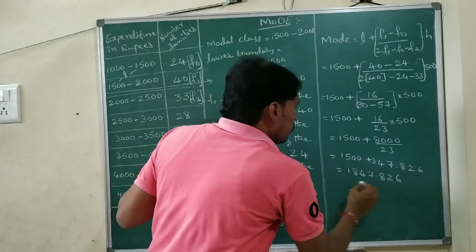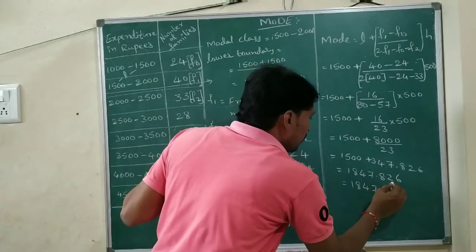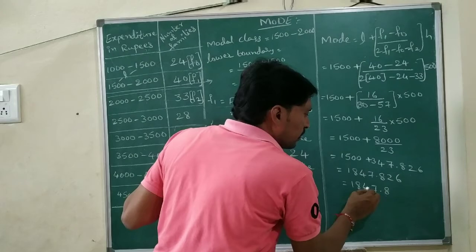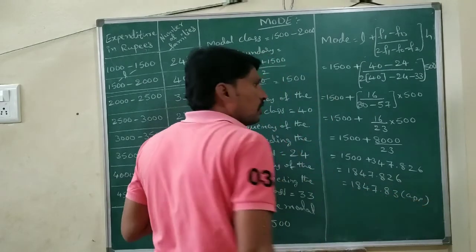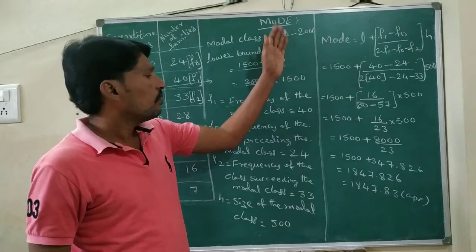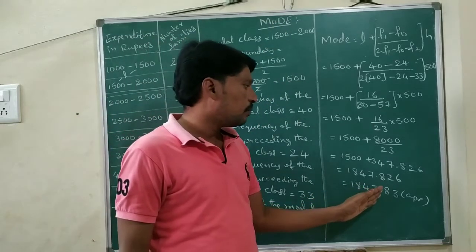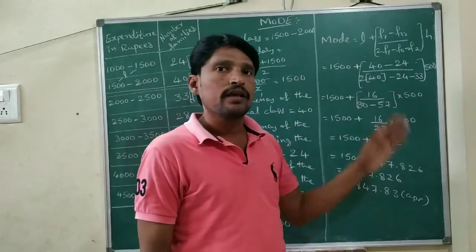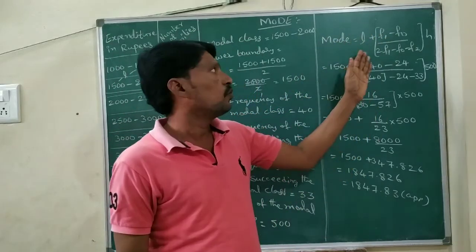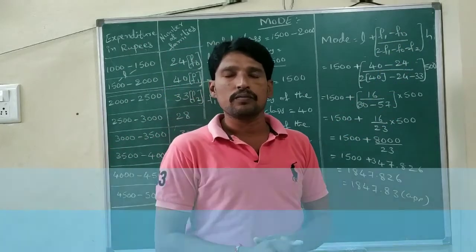Up to 2 decimal places only, I am taking 1847.83 approximately. So mode equals 1847.83. We used the formula mode equals L plus (F1 minus F0) by (2F1 minus F0 minus F2) into H.